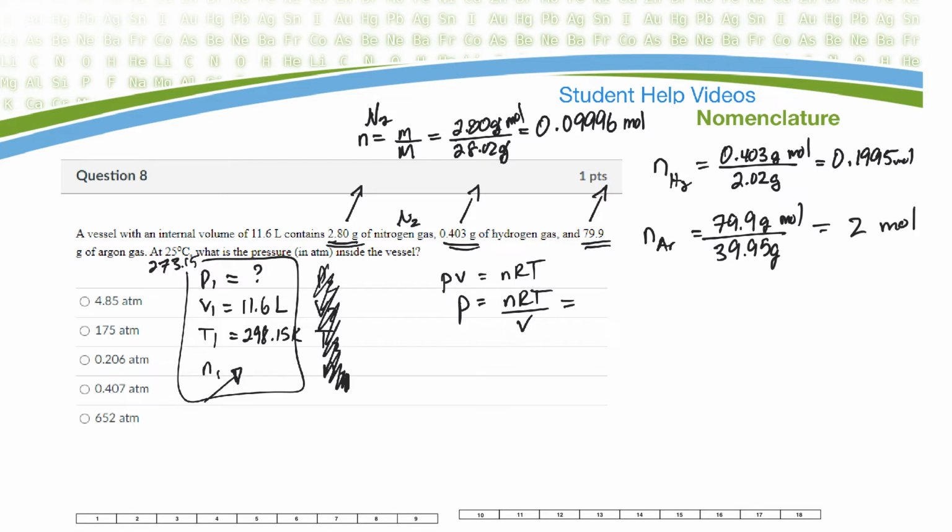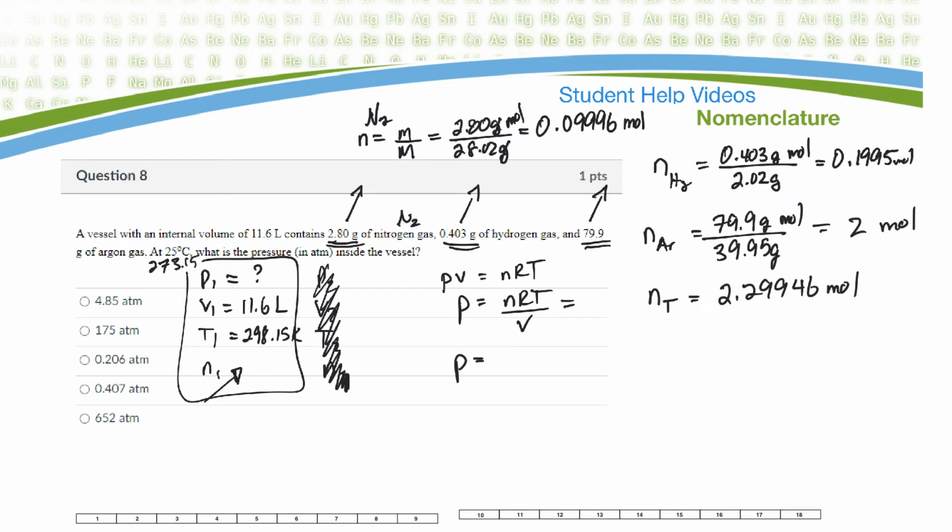So now I'll add those up: 2 plus 0.1995 plus 0.09996. The total moles come out to 2.29946. We'll just keep as many sig figs as we can.